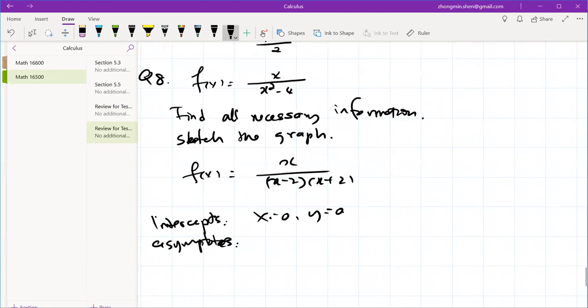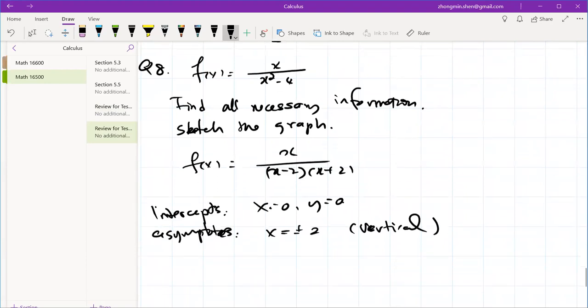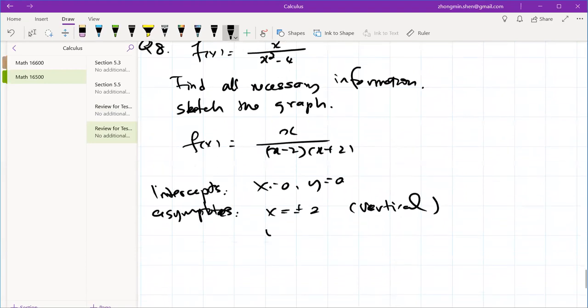The asymptotes could be horizontal, could be vertical. So x equals plus minus 2, there are the 2 vertical asymptotes. Horizontal asymptote must be 0. So y equals 0. This is the horizontal. Why? Because when x approaches infinity, f of x approaches 0.